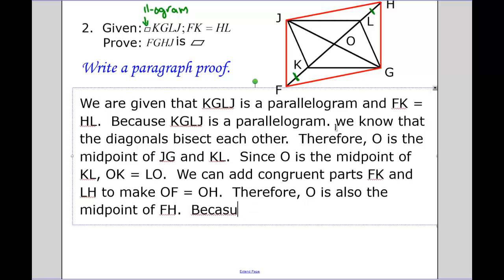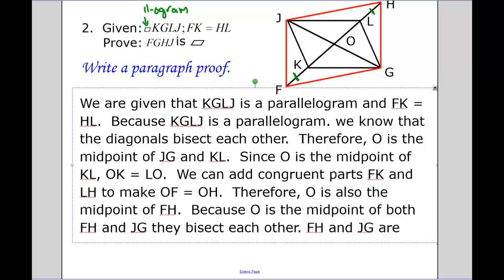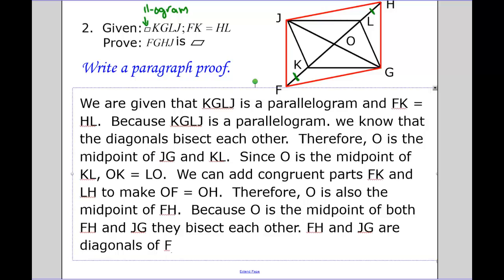Because O is the midpoint of both FH and JG, they bisect each other. FH and JG are diagonals of FGHJ.